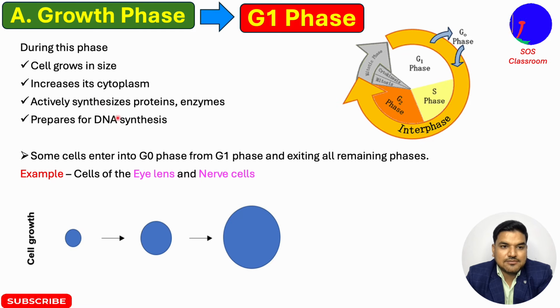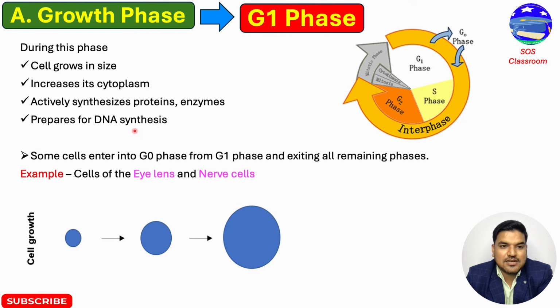Next, the cell actively synthesizes proteins and enzymes, because different types of proteins and enzymes are formed inside the cells.